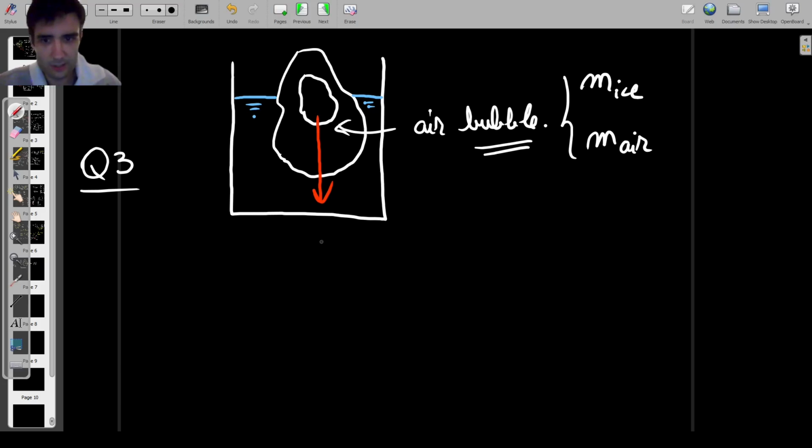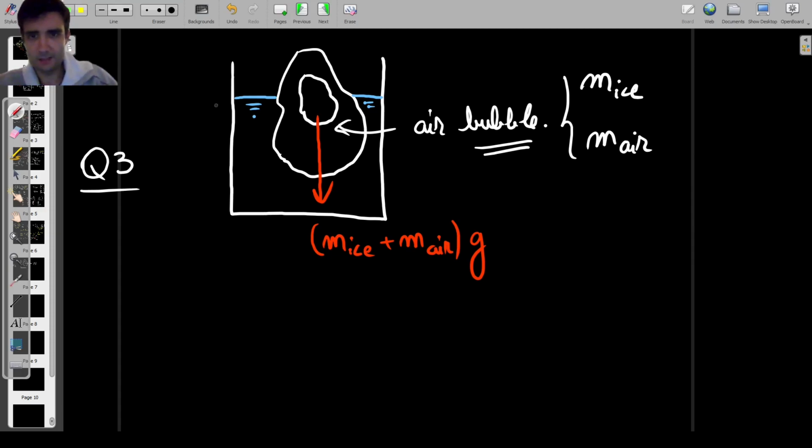So acting downwards, we have weight, so that's m ice plus m air times g. And then acting upwards, we've got the force due to pressure.